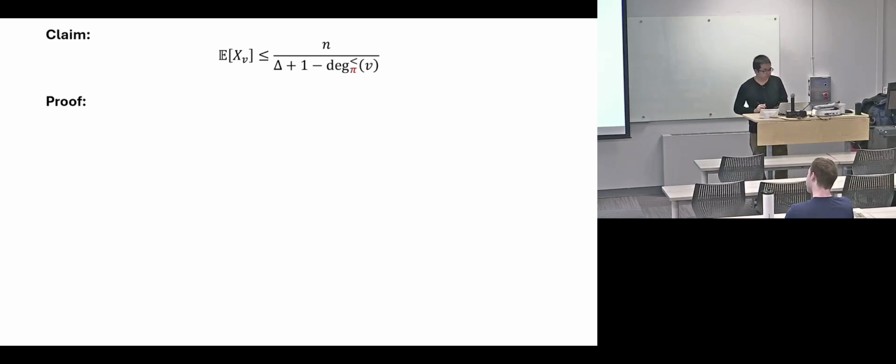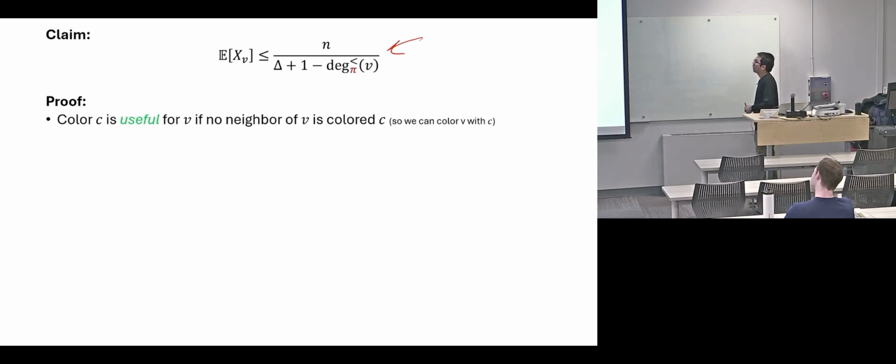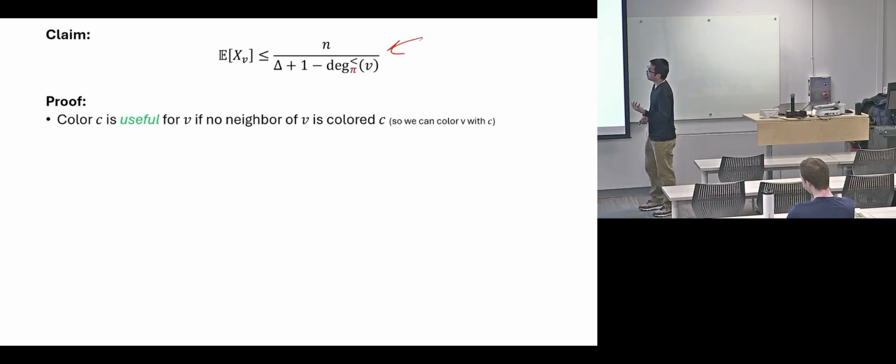So we want to prove this thing, right? To do this, we need some concepts. I'm going to say that a color C is useful for a node V if no neighbor of V has color C so far.